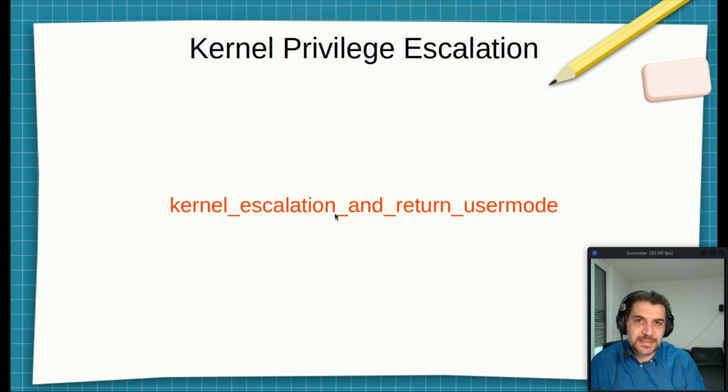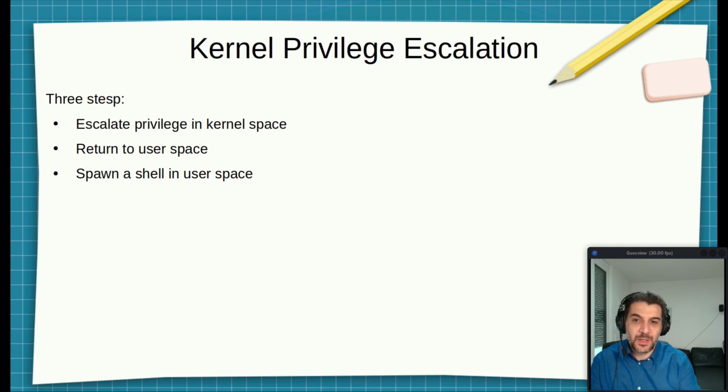Remember, our vulnerable module runs in kernel space, and we need to escalate our privilege in user space. That means three things. First, we need to escalate our privilege in the kernel space, and then safely return to the user space, and there spawn a shell that gives us root access.